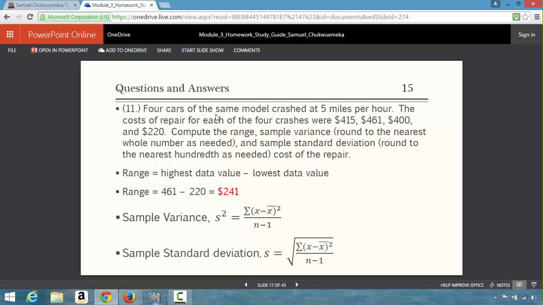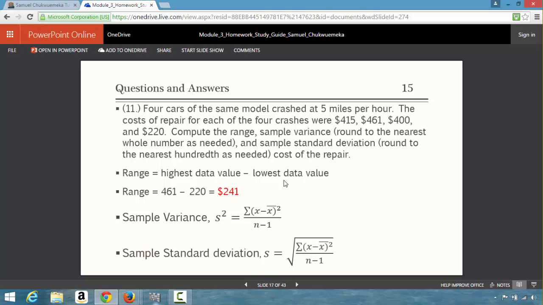Question 11. Four cars of the same model crashed at 5 miles per hour, and these are the costs of the repair of the four crashes. Compute the range, sample variance, and sample standard deviation. So these are now the measures of dispersion, or measures of spread, or measures of variability.